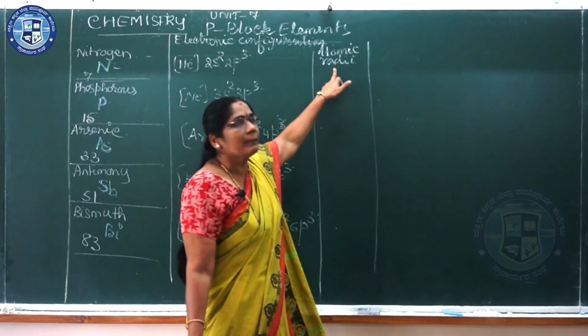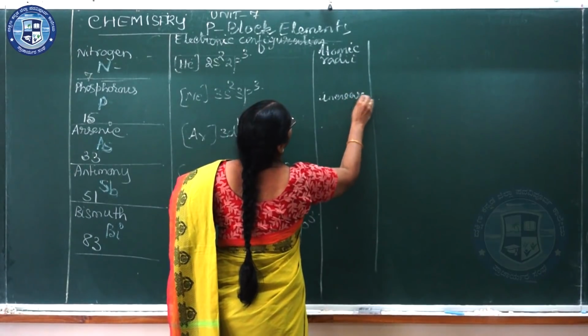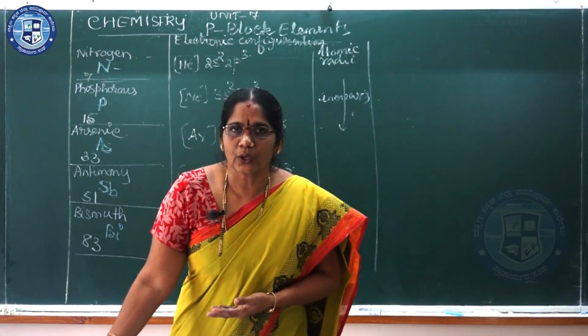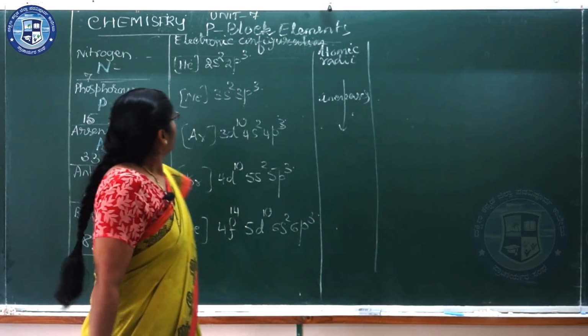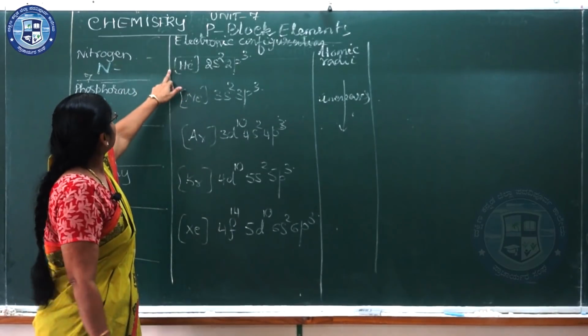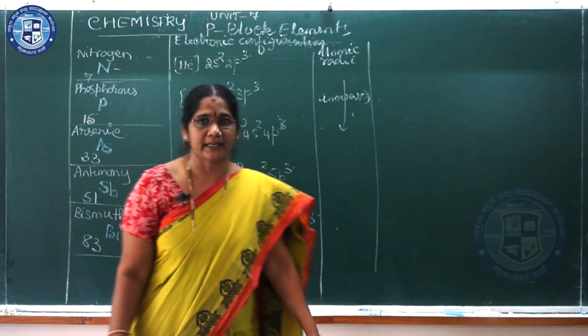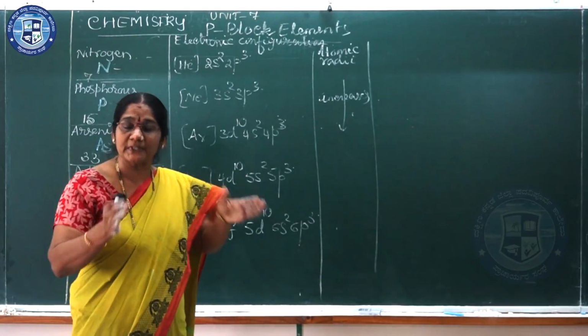So the atomic radii increases as you move down. But from nitrogen to phosphorus, there is a big increase in the atomic radius. Then onwards, the increase is regular, not too much of increase.